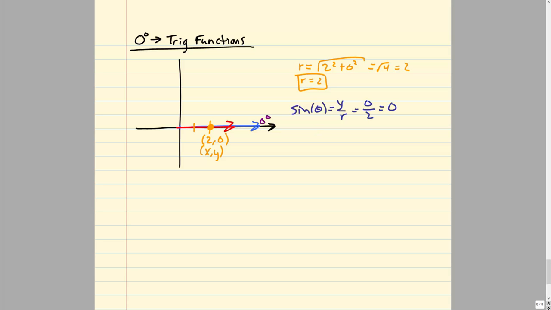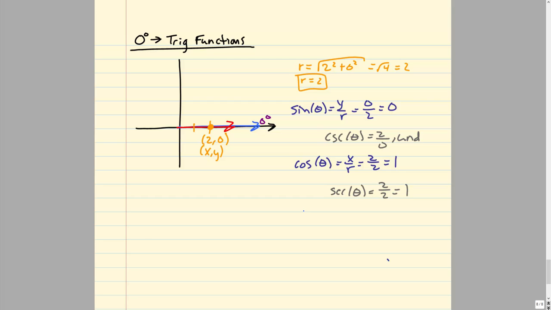And of course, from there, I know that the reciprocal of sine, cosecant of theta, would be 2 over 0 then, which is undefined. I could find cosine of theta, which is x over r, and that would be 2 over 2, which is 1. And then from there, I can also find the secant of theta, the reciprocal of cosine. The reciprocal of 2 over 2 is 2 over 2, which is 1.